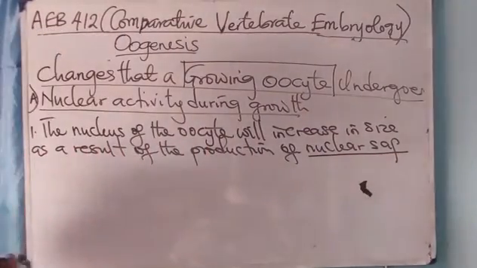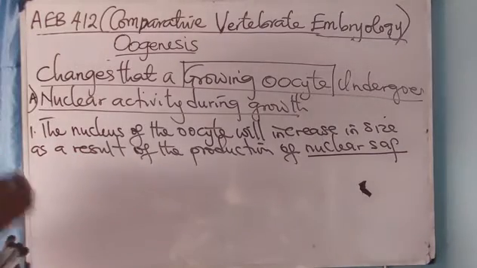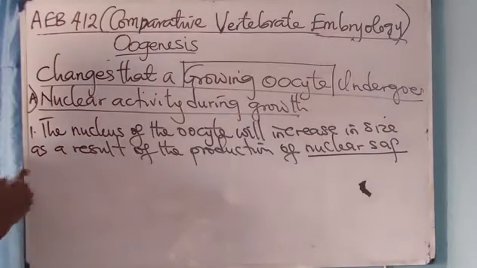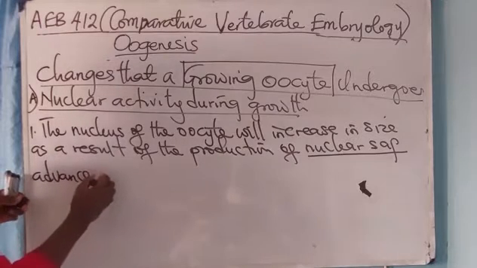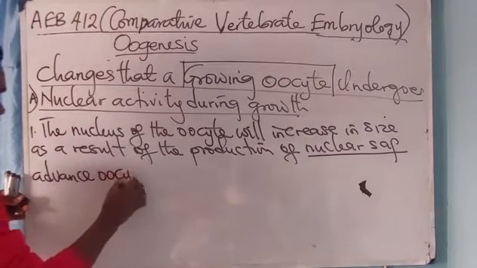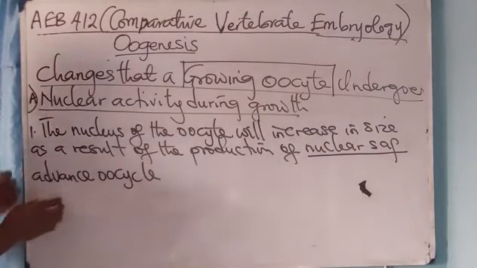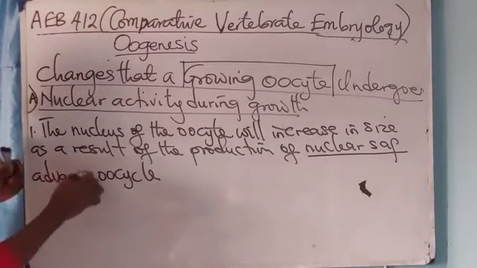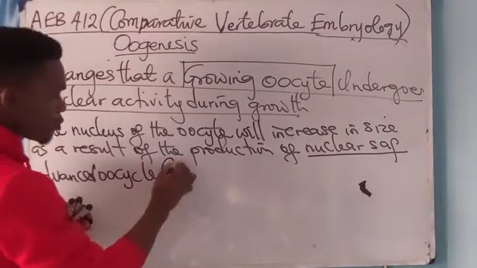Take note of that. As soon as it increases in size, we have the advanced oocytes. Please take note of this. The nuclei of the advanced oocyte is filled with fluid, and therefore you call it what?